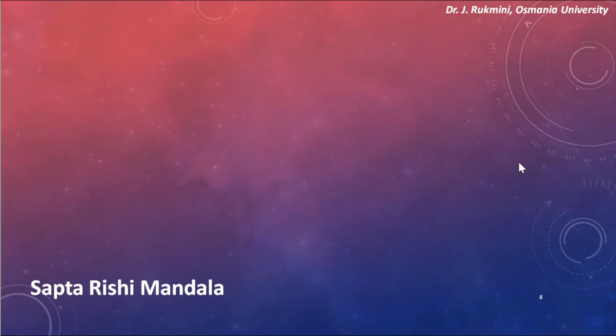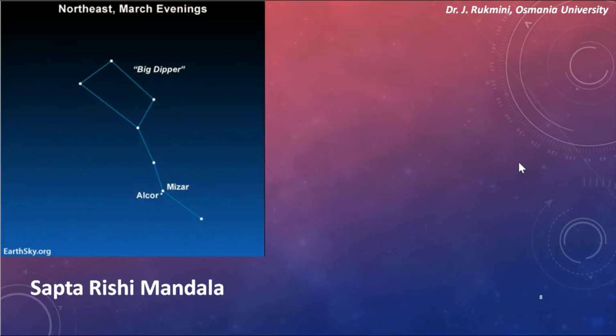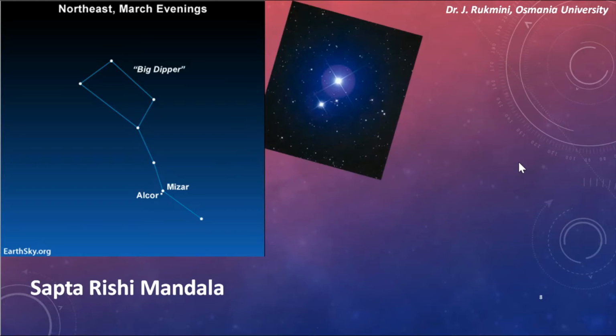One of the popular constellations in the sky is the Big Dipper, the Big Bear, also known as Saptarishi Mandala. The stars famously called Alcor and Mizar, or Arundhati and Vashishta, are seen here in naked eye observations as double stars.